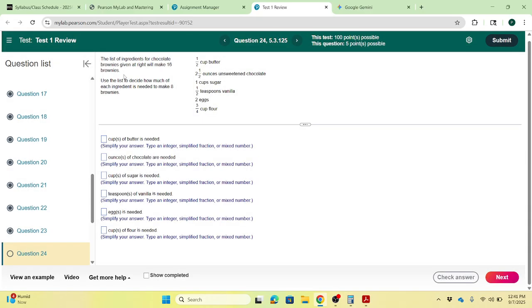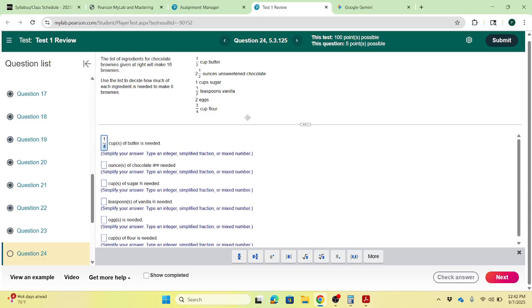Okay, the list of ingredients for chocolate brownies given at right will make 16 brownies. Use the list to decide how much of each ingredient is needed to make 8 brownies. Remember, 8 is half of 16, so for each of these ingredients you need half. The butter would be half of half, which is 1/4.